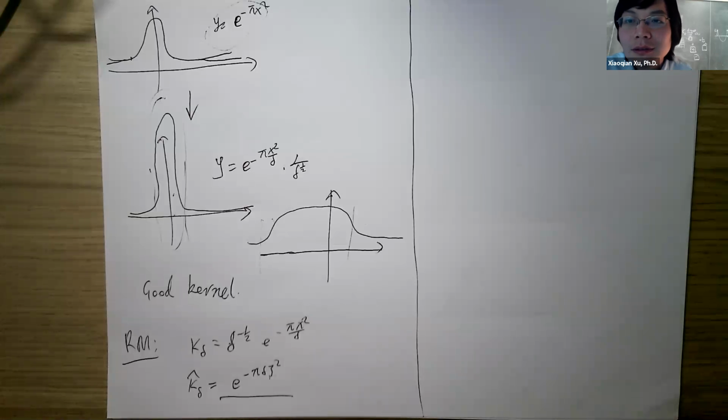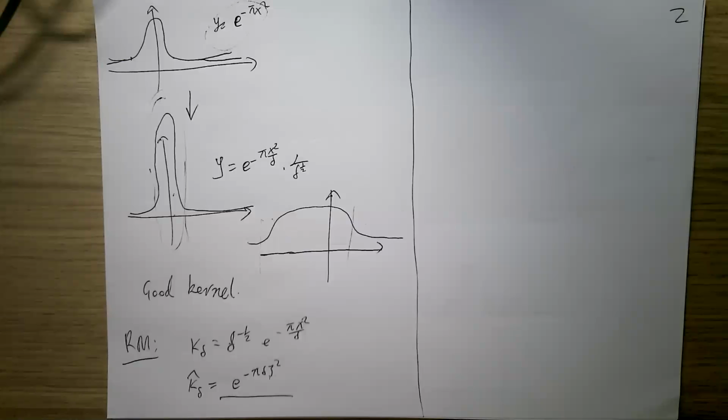Let me see. Why is that? I didn't change anything, so it looks worse than before, right? It was worse than before, than for instance last week. Is that true?